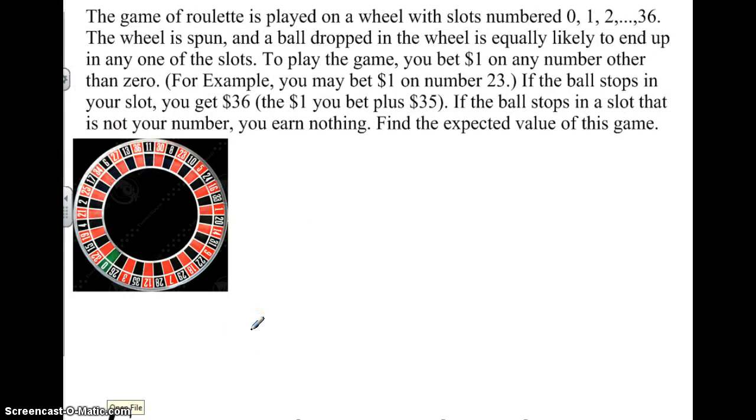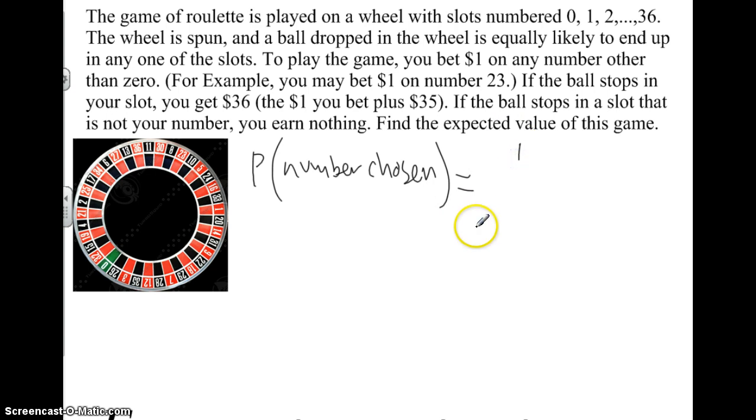All right, this is our fourth problem. I'll give you a second to read this. You might want to pause it while you're doing this. It says that when we play this game, we get $1. We get $36 if it lands on the number that you chose. So the probability of the number chosen is going to be 1, because you're only choosing one number, out of 37.